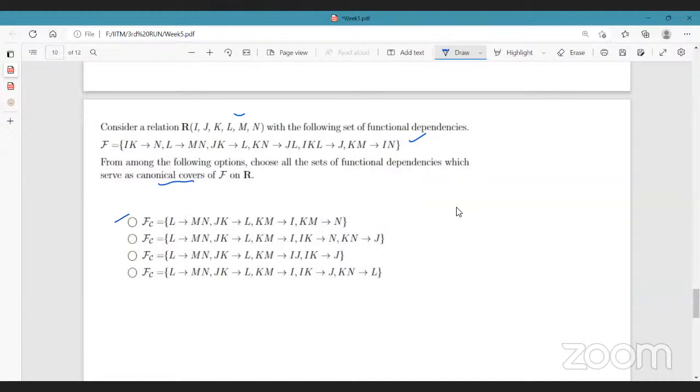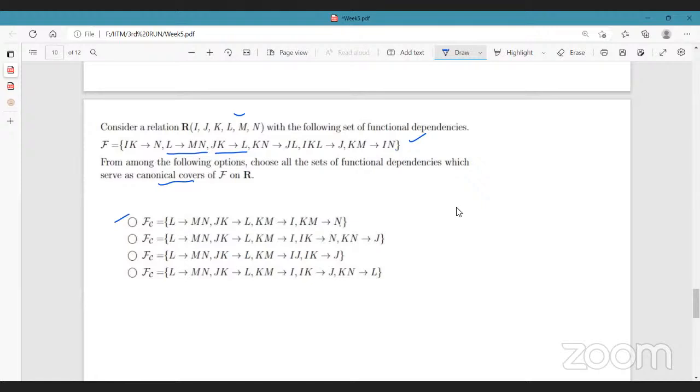In this first option, we are considering this functional dependency set: L determines MN, JK determines L, KM determines I. However, here we have KM determines I and KM determines N.